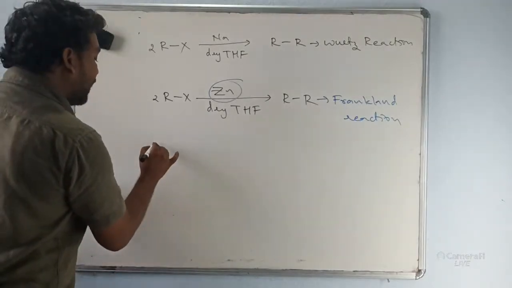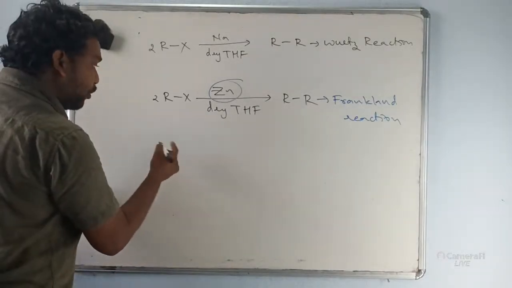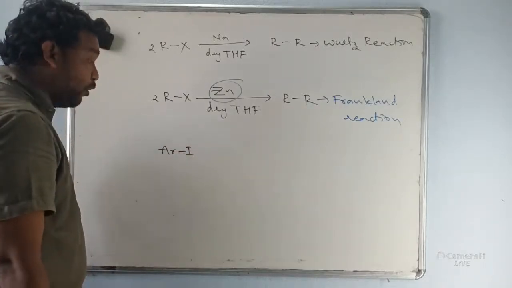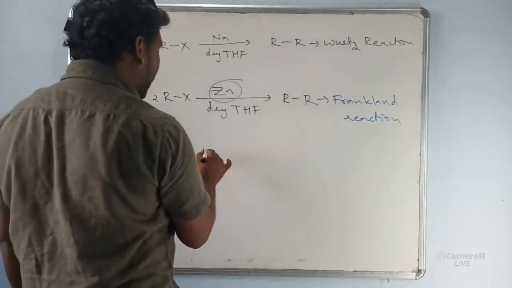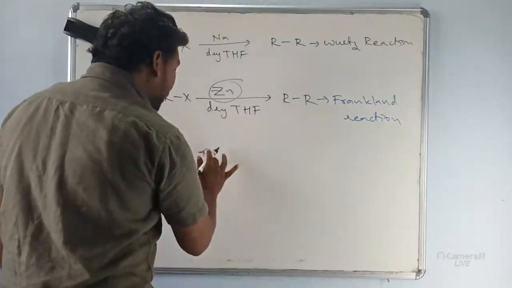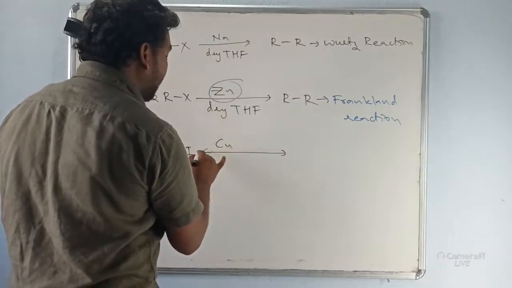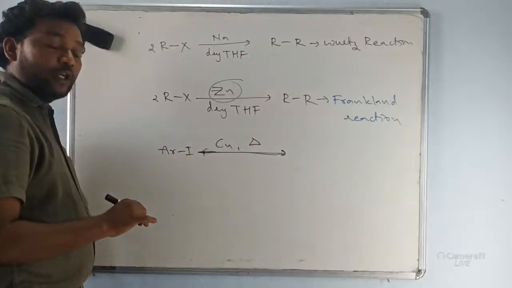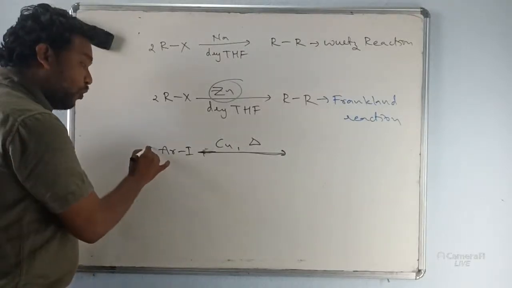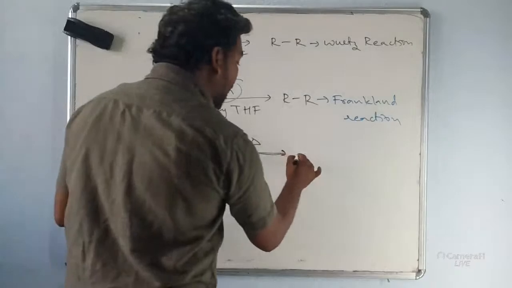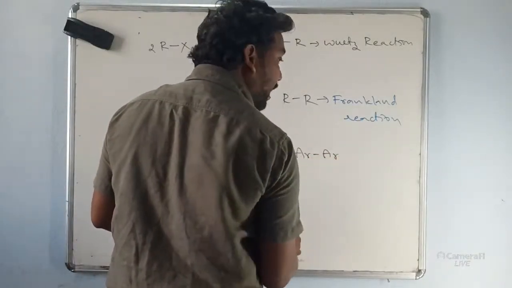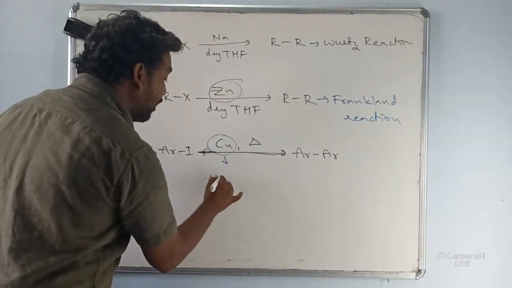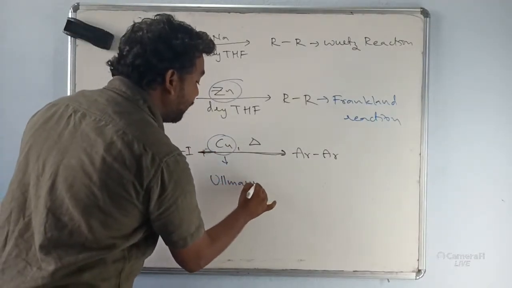And similarly, in the Fittig reaction, if you take two moles of iodoarenes and use metallic copper and heat it, two moles of aryl halides are involved in the reaction and result in the formation of biaryls. But since we are using copper, this reaction is called the Ullmann reaction.